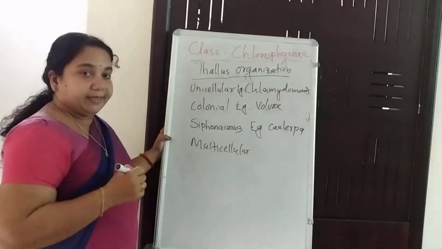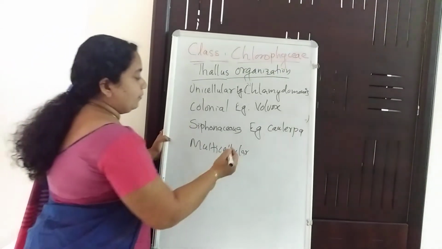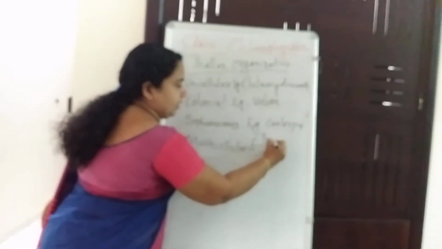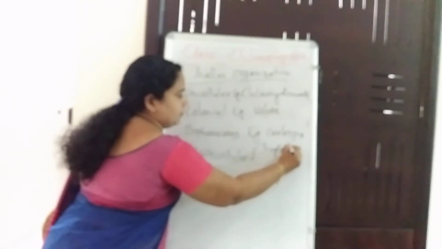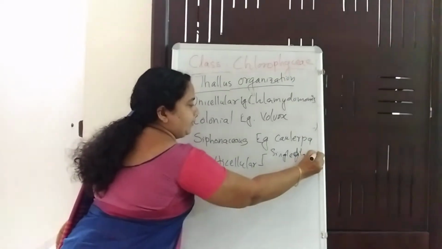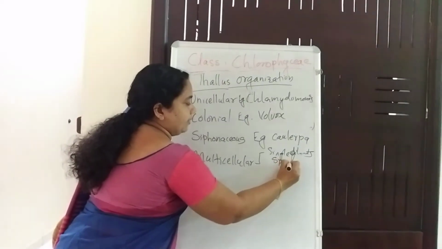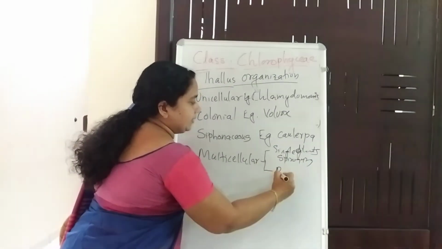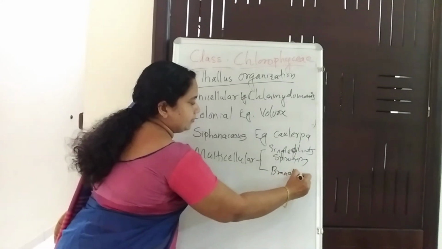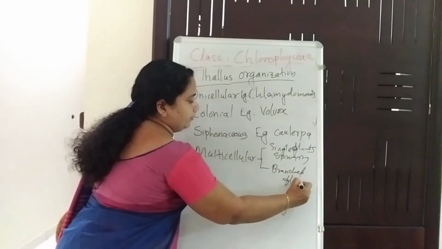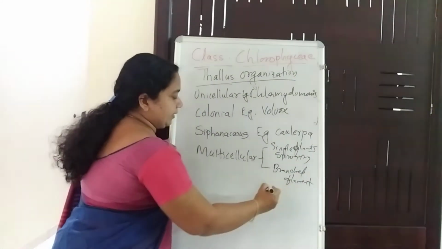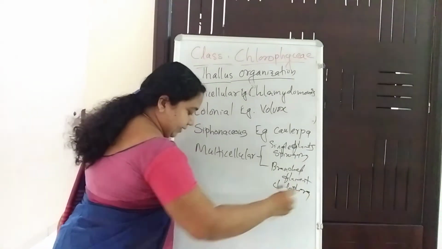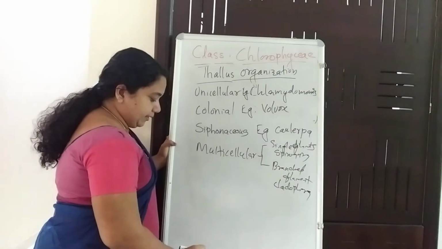Last one is the multicellular forms. Multicellular forms, I have already taught, may be multicellular single filaments, that is Spirogyra, and also those with the branched filament. Branched filament, that is we can say Cladophora. There are branched filaments, multicellular forms.